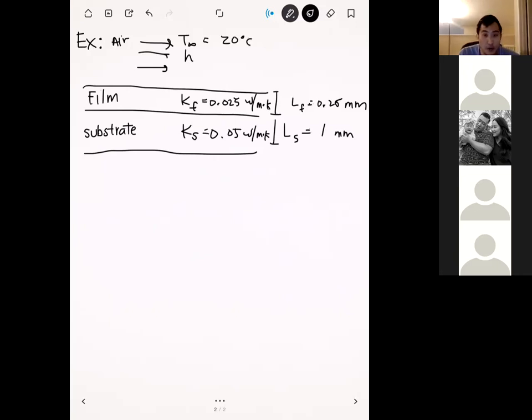And our h here is going to be 50 watts per meter squared K. And so the situation here is we want these two to basically chemically bond.